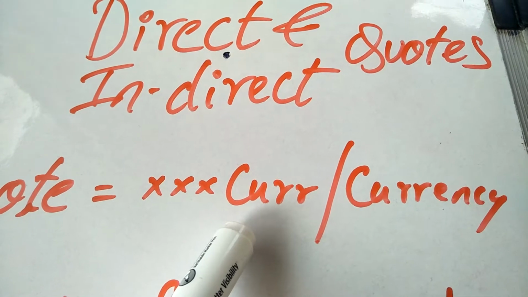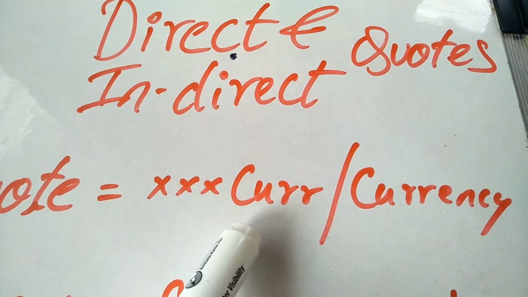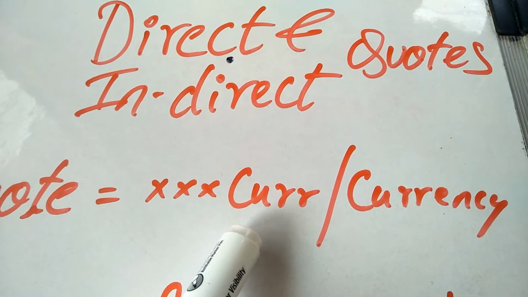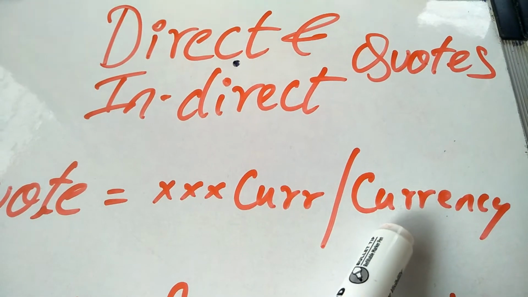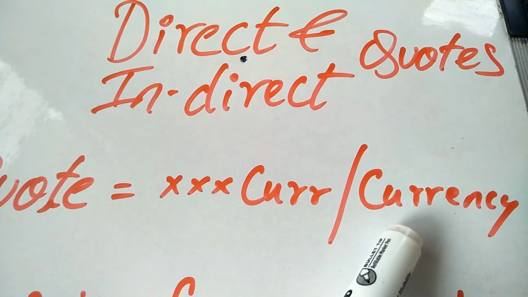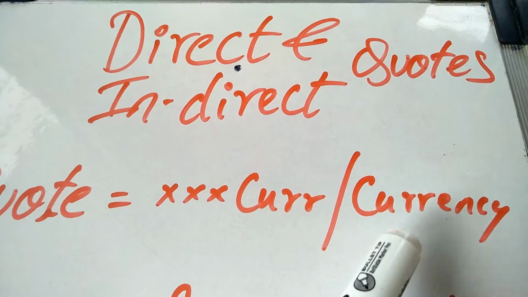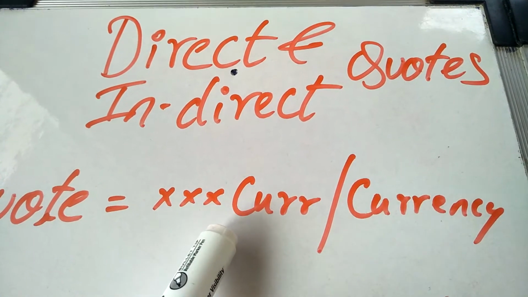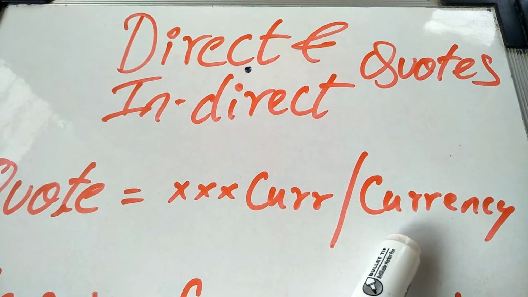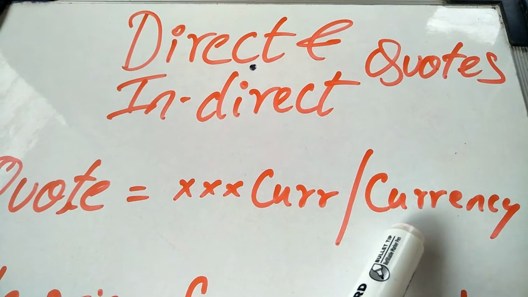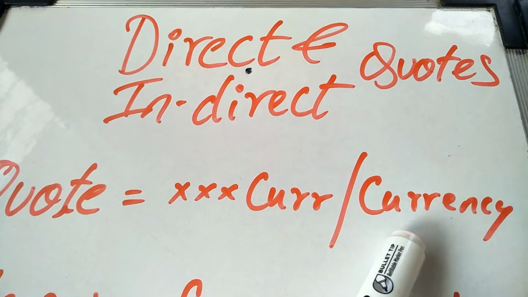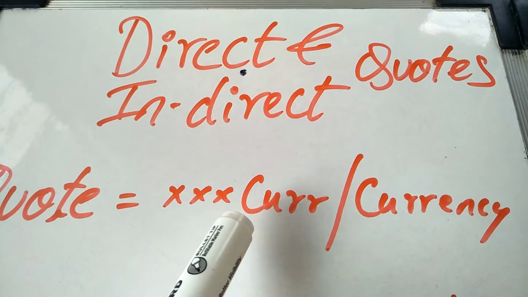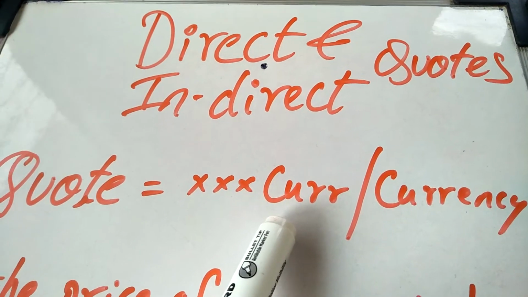Here you are not buying any commodity altogether, but you are actually buying a currency. And the currency that is written on the right side is treated as a commodity that is being bought and sold. So if it is $1.35 per unit of euro, the euro is treated as a commodity being bought and sold, and the value of the euro is decided in terms of dollars in this case.